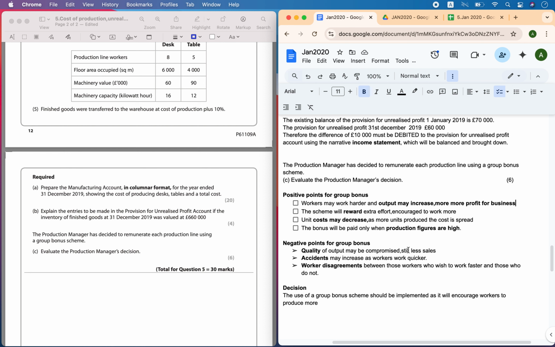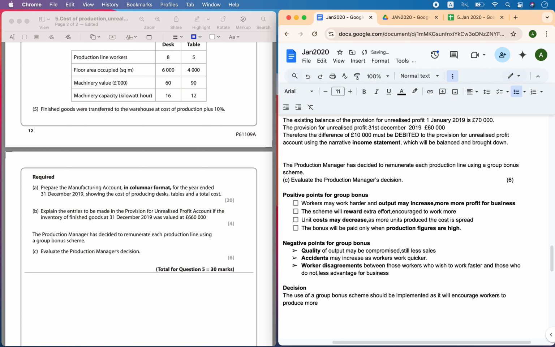However, quality might be compromised, and it might not be beneficial to the business. There could be accidents because they are trying to work quicker. There could also be disagreements between the workers who wish to work faster and those who don't, leading to delays and less advantage for the business.